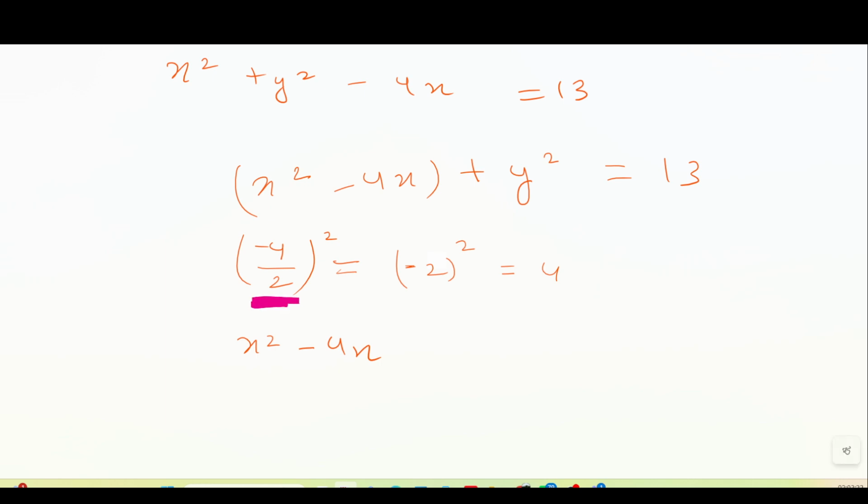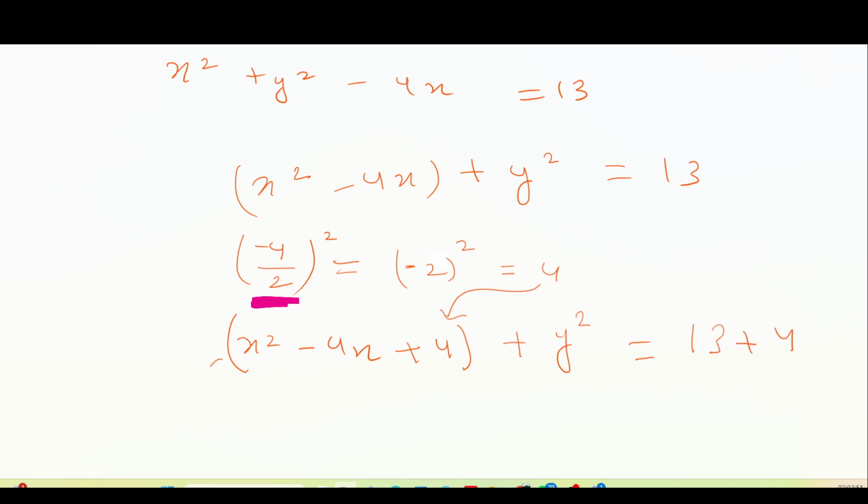Yeah. What should I write here now? So x square minus 4x plus 4. You need to add this, yeah. What about plus y squared equals 13 plus 4? Very good.